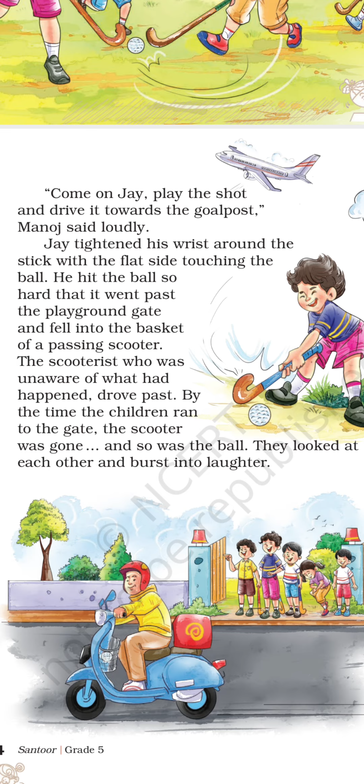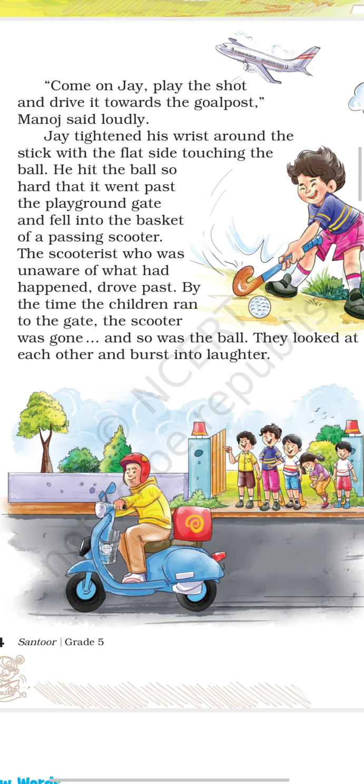Come on, Jay, play the shot and drive it towards the goalpost, Manoj said loudly. Jay tightened his wrist around the stick with the flat side touching the ball.